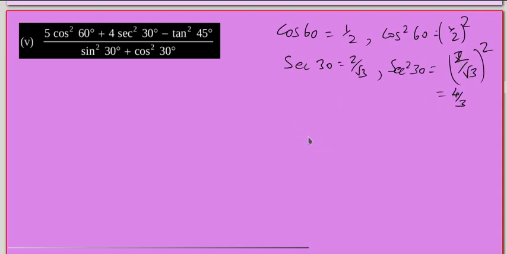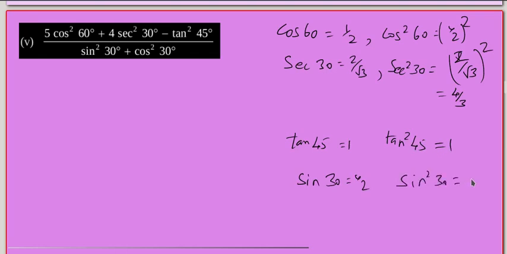Next one, tan square 45. Tan 45 is 1. Tan square 45 also, 1 square becomes 1 only. So 1. Next, sin 30. Sin 30 is 1 by 2. Sin square 30 is 1 by 2 the whole square, so it is 1 by 4.